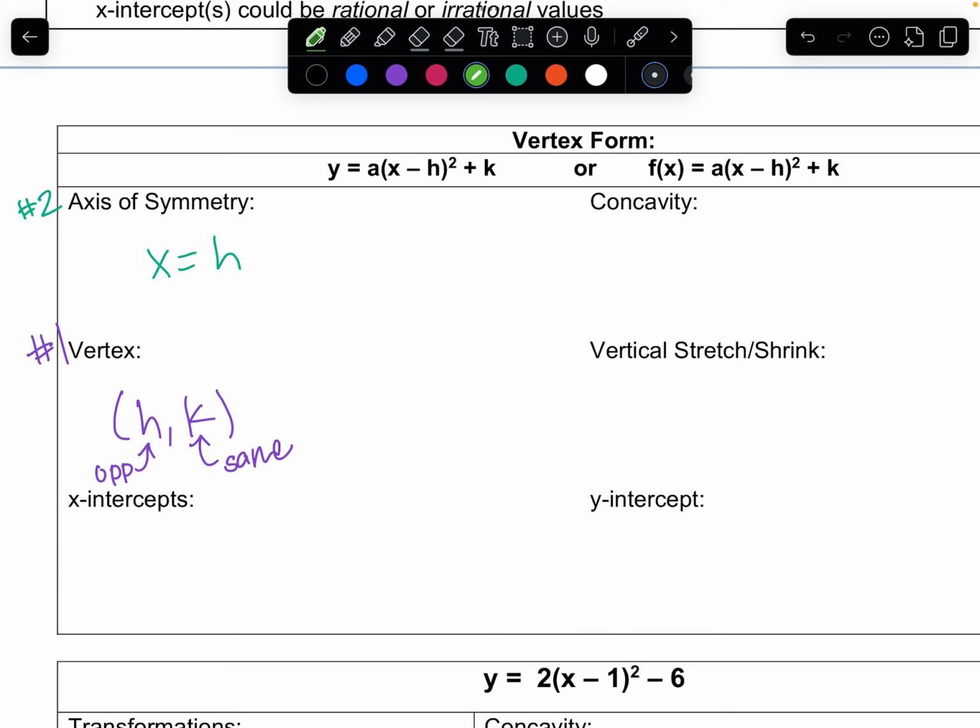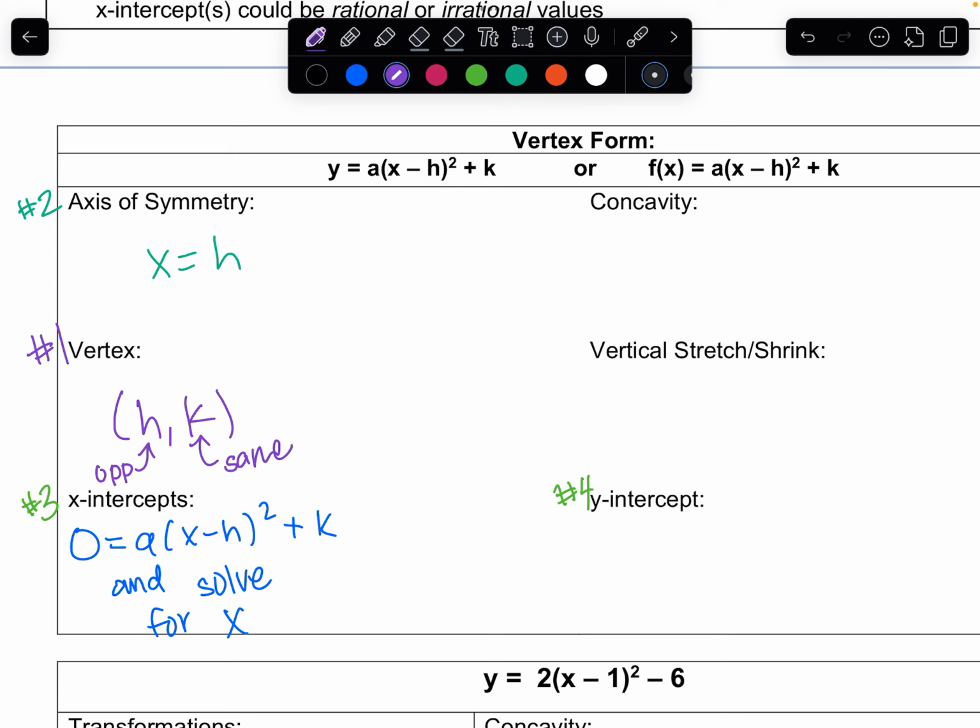Our x-intercepts, you can choose. This is like number 3 and number 4. They're interchangeable, your choice. Your x-intercepts, that's where we take your equation, set it equal to 0. So 0 equals a times x minus h squared plus k, and solve for x.